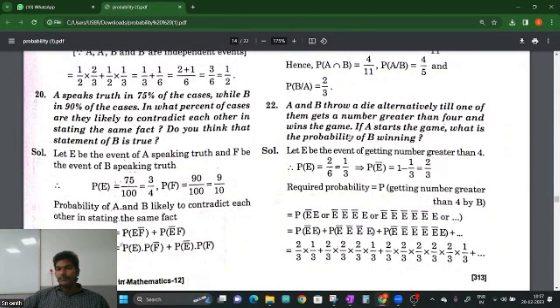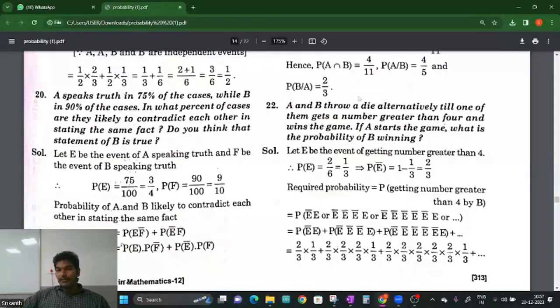Greater than 4 means they are playing with a die. A die has 6 faces, and 1, 2, 3, 4, 5, 6 are the numbers on that die. How many players are there? A and B, 2 players playing a game with a die.